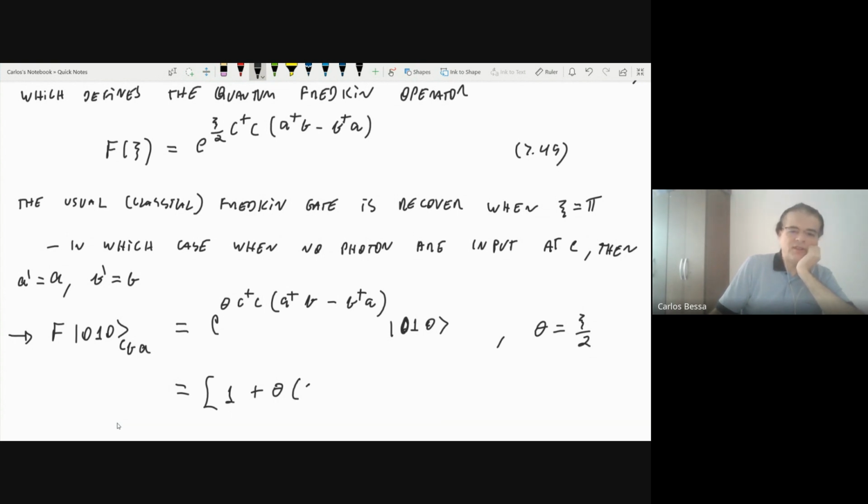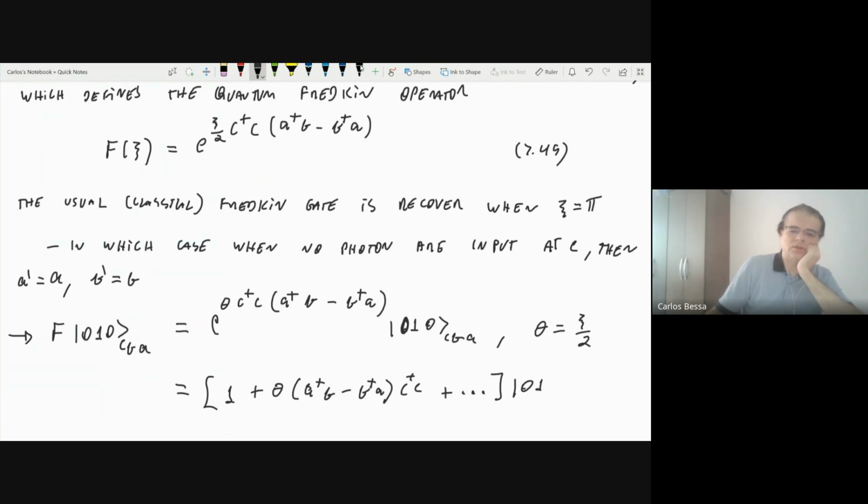And because C commutes with A and B, I could write this in this way. Minus B dagger A, B dagger C. Apply to this, and this is CBA. Plus higher order terms, right? Plus, because it's exponential, higher order terms.